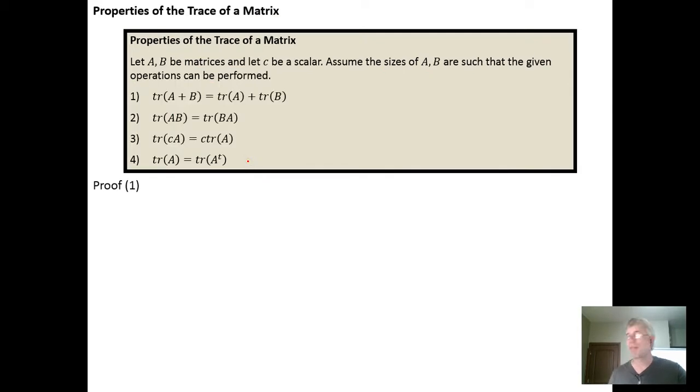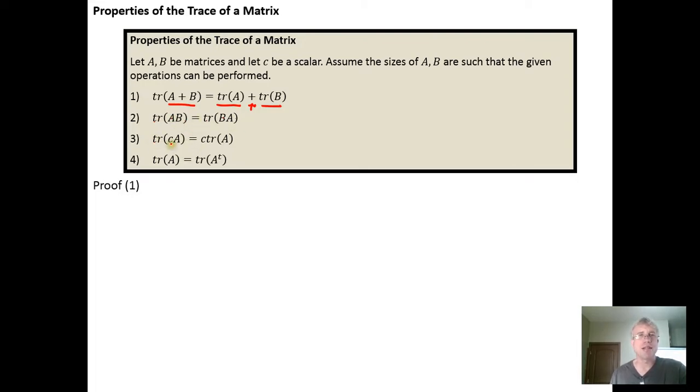So a trace is only defined for square matrices. And the trace of a matrix does have some properties associated with it. The trace of the sum of two matrices can be found by taking the sum of the individual traces. The trace of the product AB is the same as the trace of BA, in spite of the fact that matrix multiplication isn't commutative.